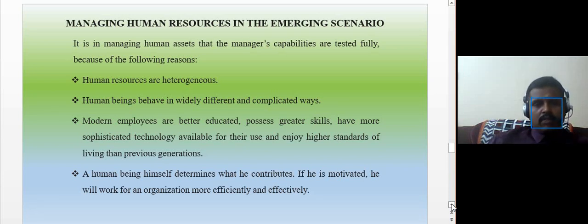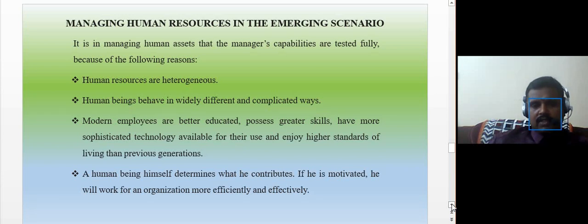And the third one: modern employees are better educated. Nowadays everyone is studying well and developing their key competencies, core competencies, skills, and knowledge through sophisticated technologies, tools, and equipment that are available. They enjoy learning the concepts of the future generation and the present generation.